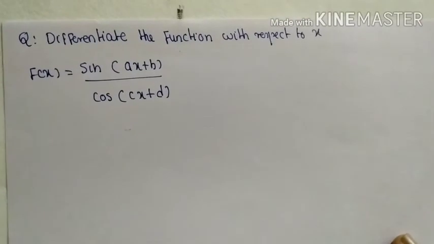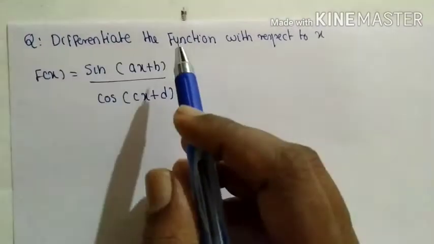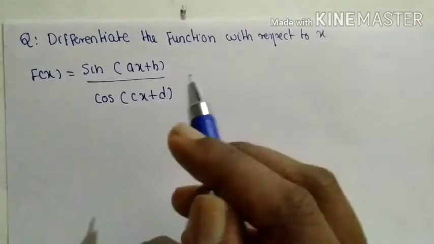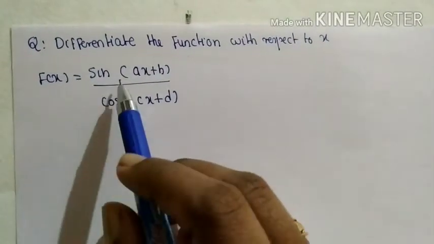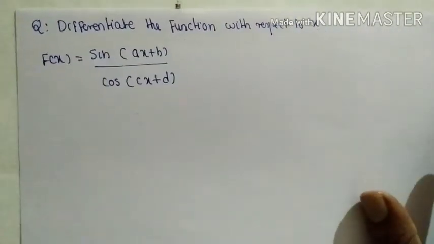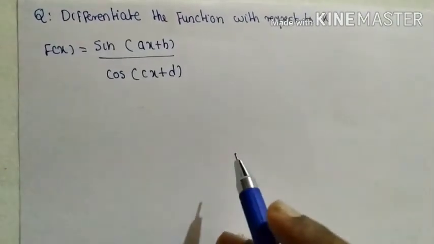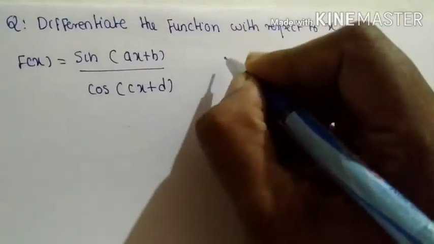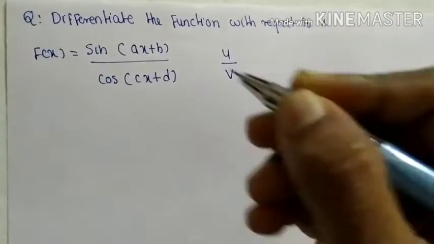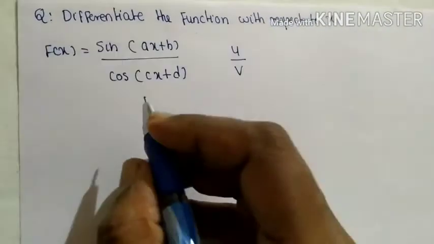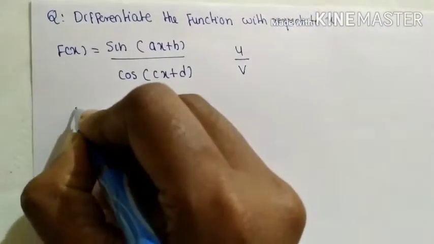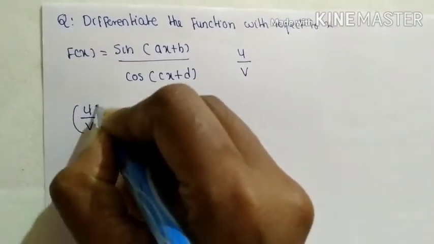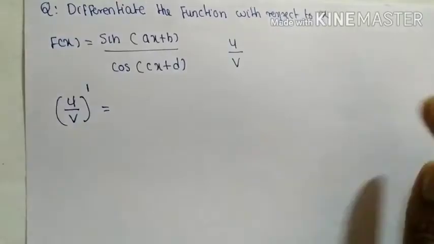In this question, we need to differentiate the given function, sine of ax plus b divided by cos of cx plus d, with respect to x. Here we can see that the denominator and numerator are composite functions. We know that the u by v method is used for differentiating a fractional function. So what will be the u by v method?